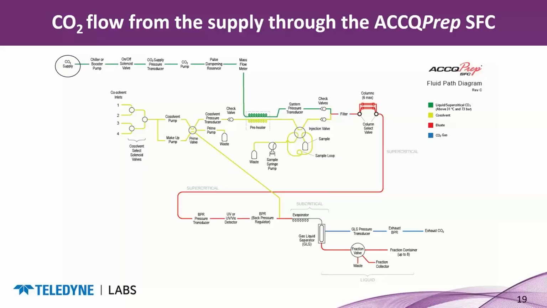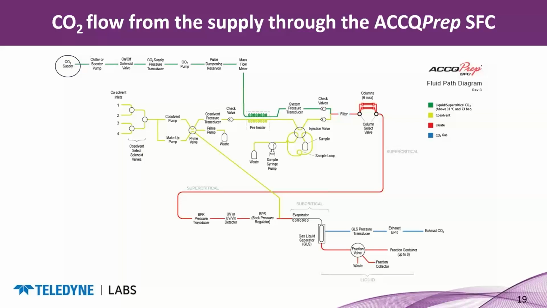That's then mixed with the CO2 and goes through one of the 6 columns that you might have plumbed through the red path, as your material moves through the column and separates. On the back side of the instrument, like I described earlier, the BPR adjusts that pressure and maintains it.